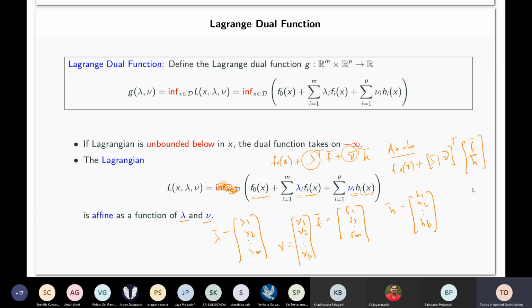So it's like I stack these guys. This should be a column vector. So let me do it this way: lambda transpose and then horizontal stacking with nu transpose. This becomes a row vector. So all this can be taken as some matrix A, so f naught of x plus A times the stacked vector. In this case, it's a row matrix.